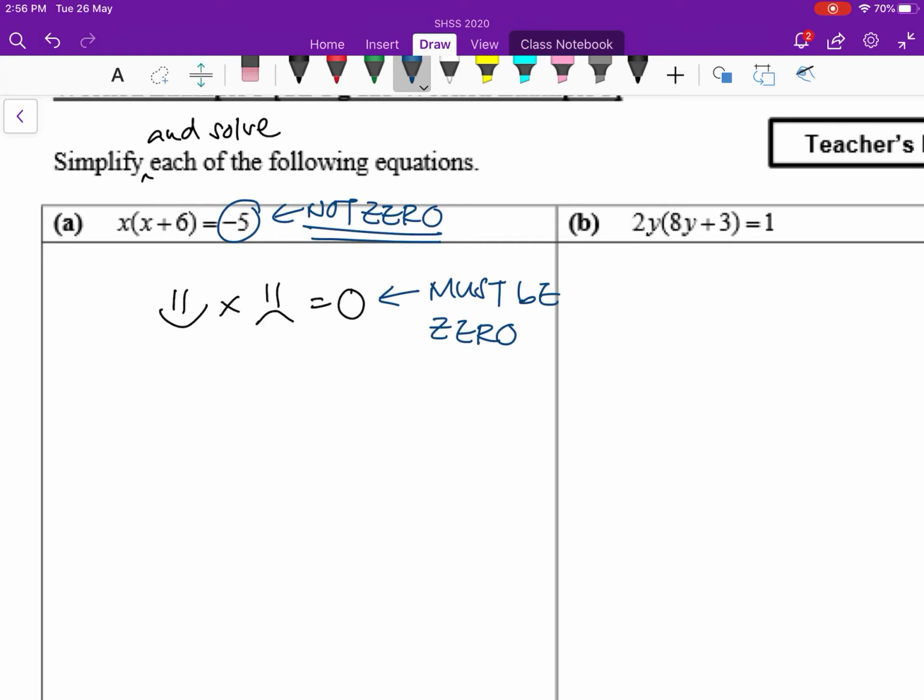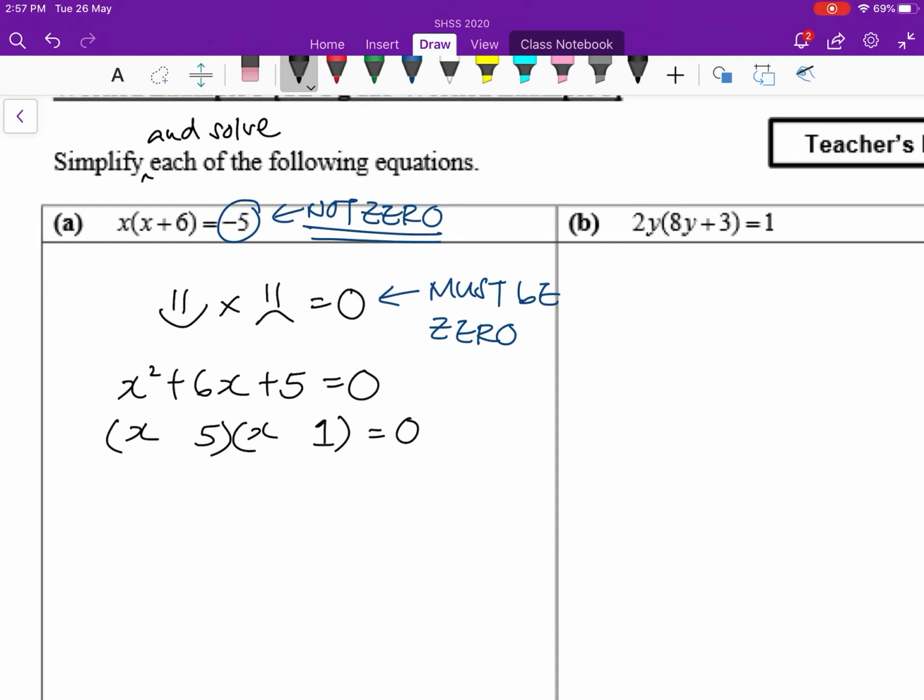Very simple. From here, I just expand. Sorry, I just use a black pen. x squared plus 6x plus 5 equals to 0. Alright? From here, same magic word, factorize. Then solve. See, equals to 0 already.